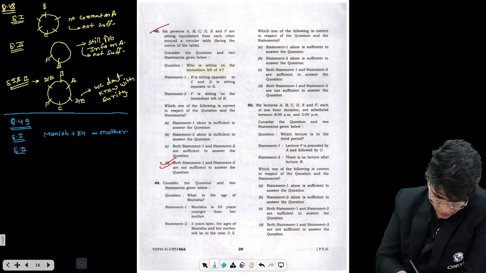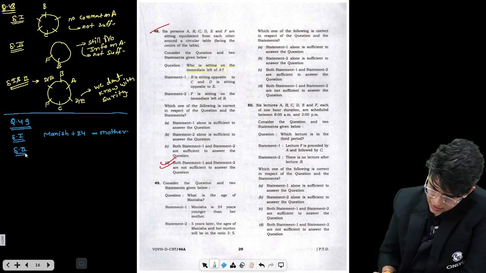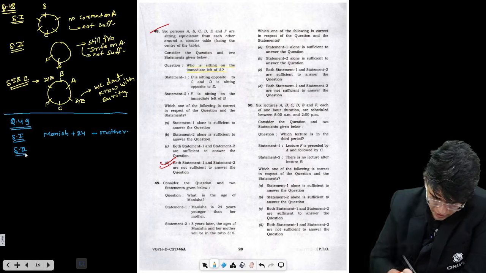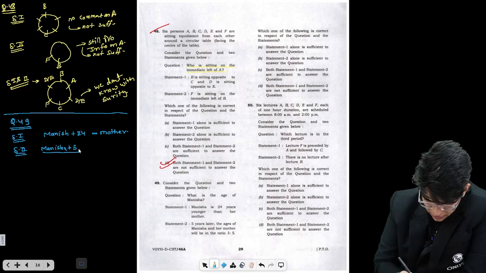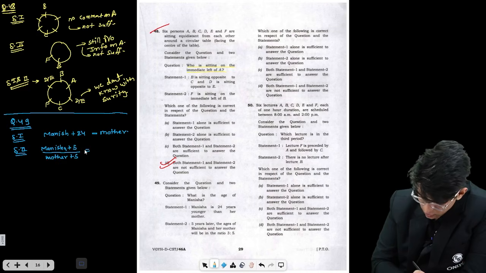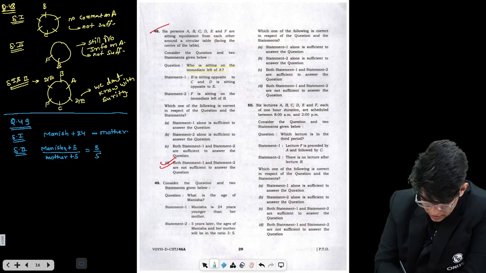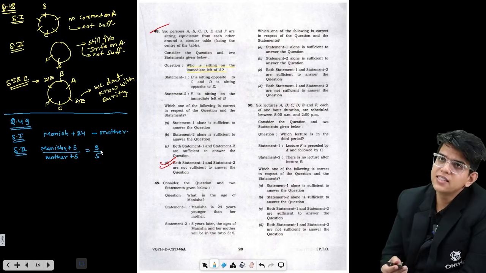Statement 2: 5 years later, the age of Manisha and her mother will be in the ratio 3:5. That means Manisha plus 5 upon mother plus 5 equals 3:5. Still, by using this, we can't say.